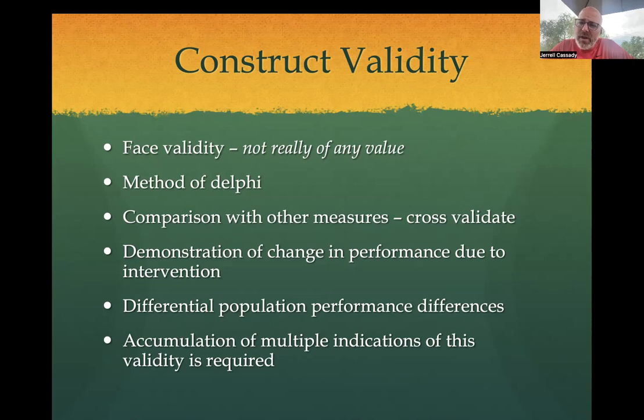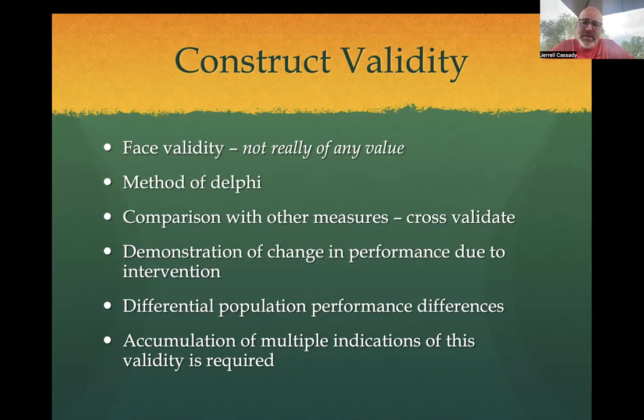You can also have differential population differences as a measure of construct validity. For instance, if I have people who are in a gifted program versus students who are in a non-gifted program, maybe I have an assessment that I'm interested in measuring something related to their giftedness.